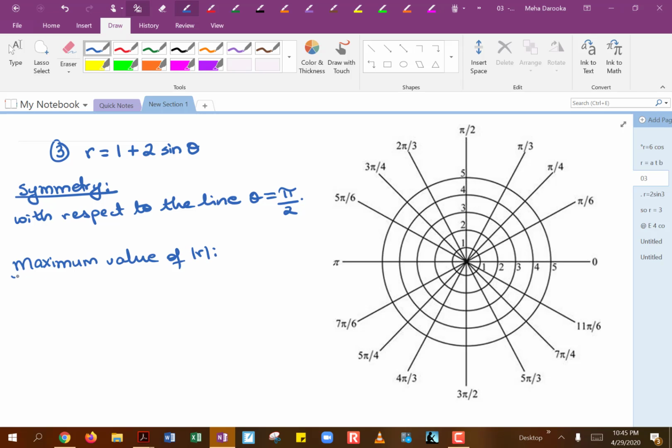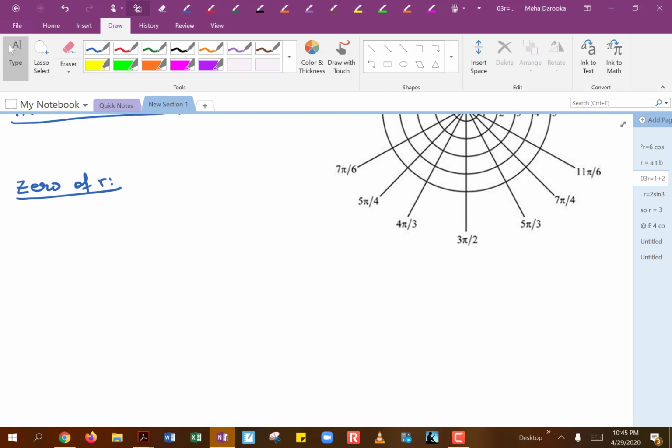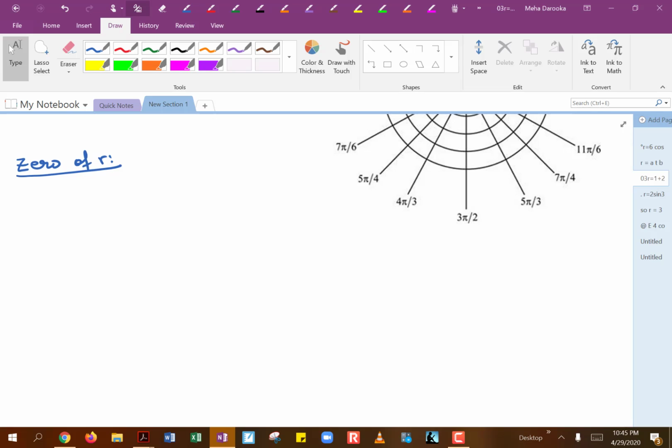Now let's find out where the maximum value of our absolute value of r is going to be, and where the 0 for the value of r is going to be. So let's go ahead and create our table over here, and again go all the way from 0 to pi or 0 to 2 pi, whatever you are comfortable with.